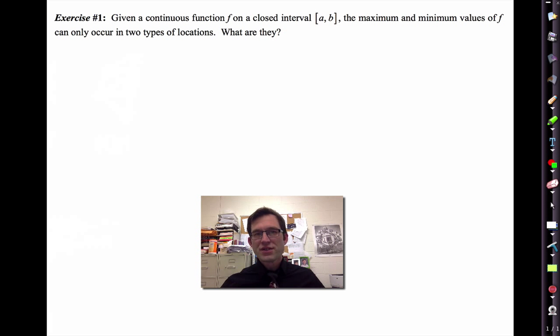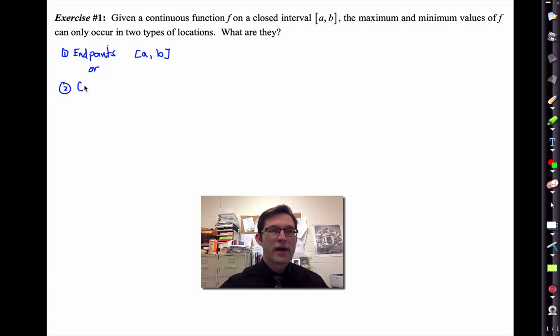Hopefully what you remember is that they can occur at the endpoints of the interval, the endpoints a, b, or they can occur at critical values. And for the most part, critical values are locations where f prime of c equals 0.